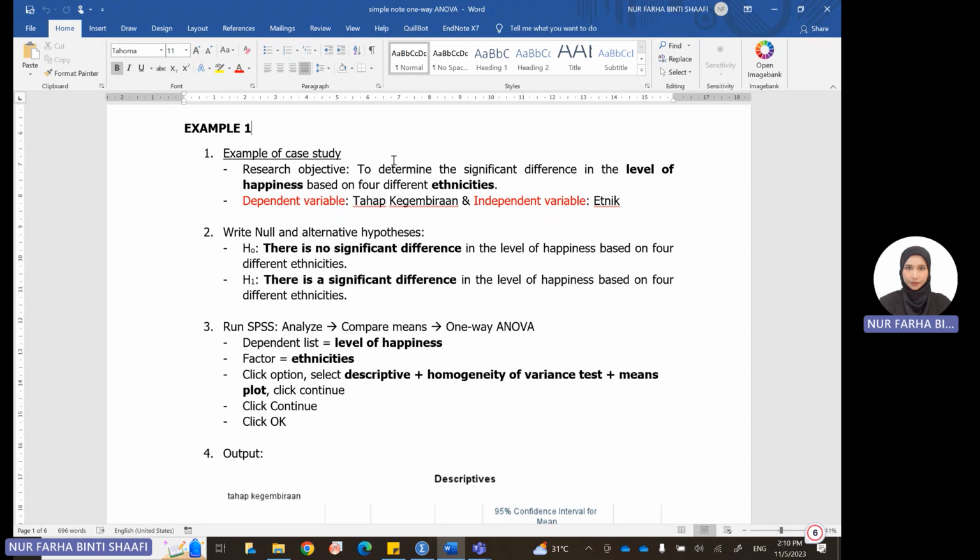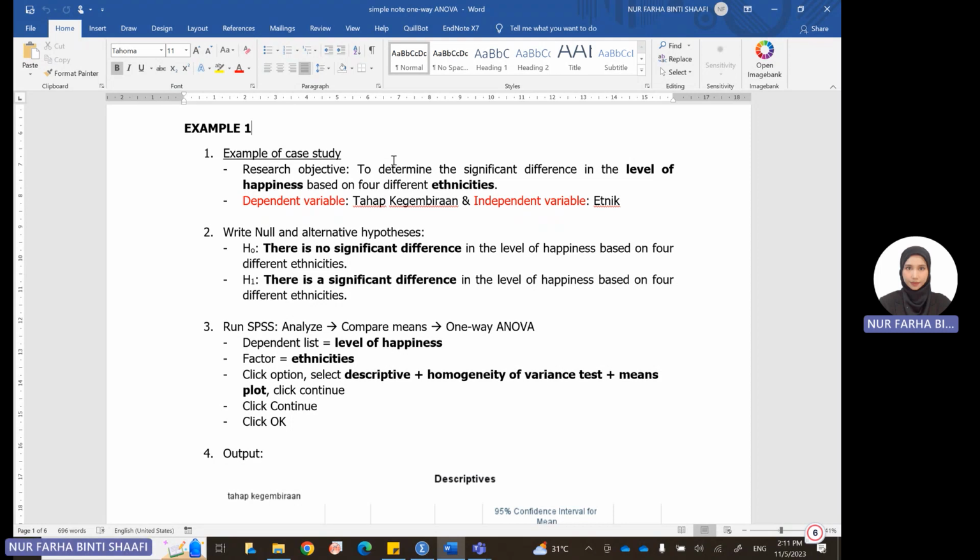It states that there is no significant difference in the level of happiness based on 4 different ethnicities, meaning that Malay, Chinese, Indian, Bumiputra, their level of happiness is the same. I'm happy, everybody happy. That is the null hypothesis.